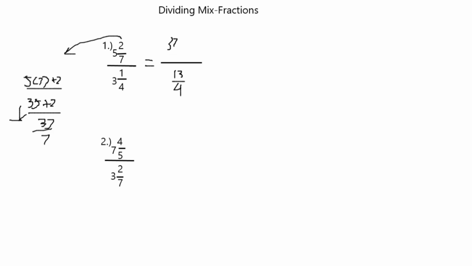Okay, don't mind my writing. Okay, 35 plus 2, 37. So just rewrite this because I'm being terrible right now. 37 over 7. There you have it. Okay, so right now we're going to use the keep, change, flip here.